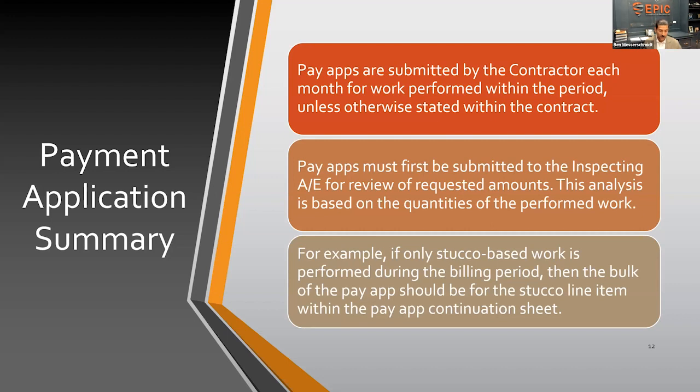So let me actually take a step back real fast here. As part of starting off any construction project that you may have in your community, it's very important from a design standpoint to establish a detailed bid form, which will be outlining several different tasks. Removal and replacement of stucco is going to be one.